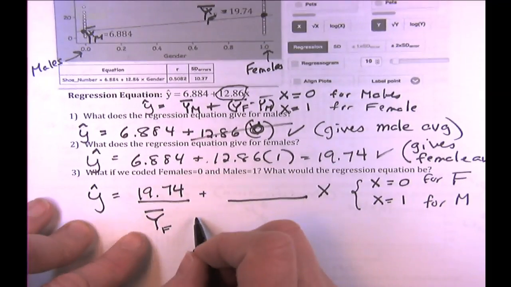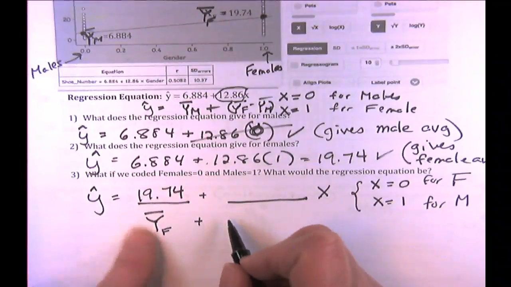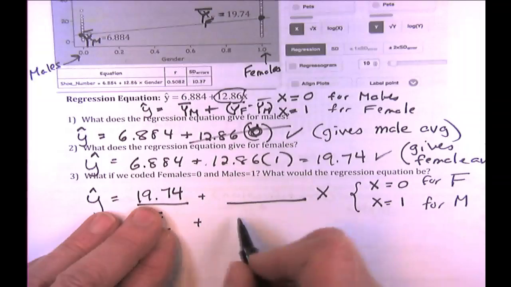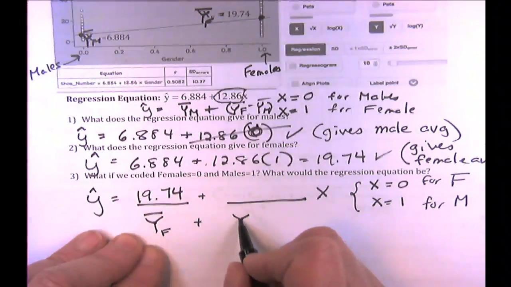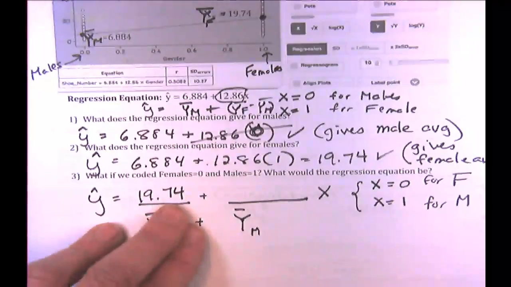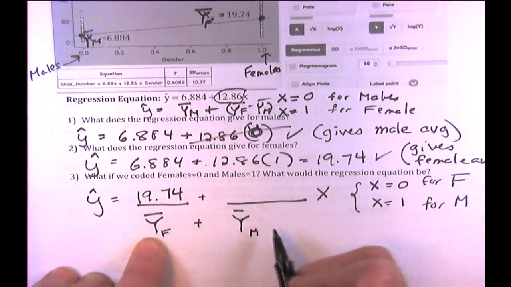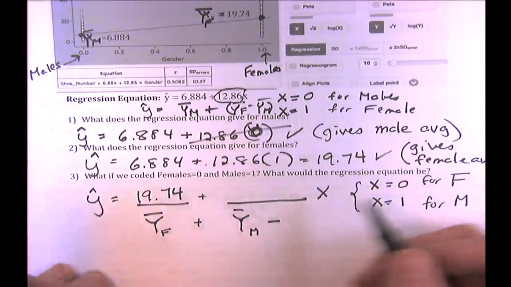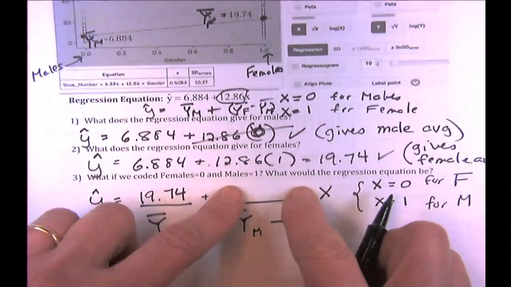When you're a male, we want to end up with the male average. But we already have the 19.74, so what do we have to subtract off? So this is what we want in there.